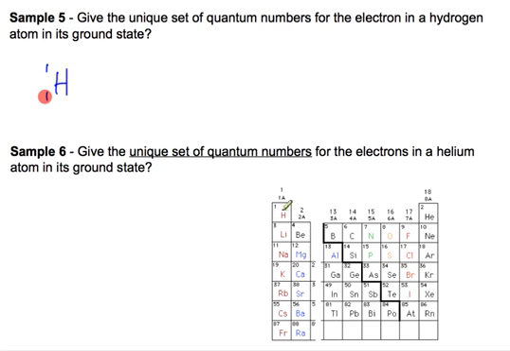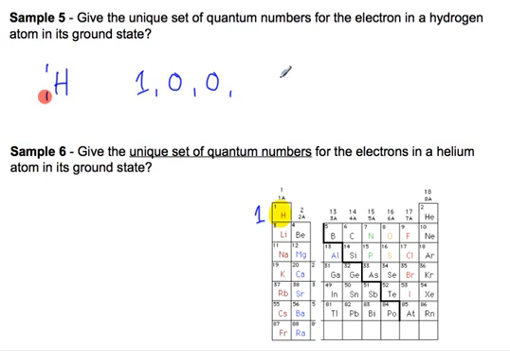And hydrogen is found at n equals 1 in the s block. And so n equals 1. The possible values of L, which implies the subshell, are 0 through to n minus 1. Well, that's 0. The possible values of ml, when the value of L is 0, there's only one possibility, and that's 0.